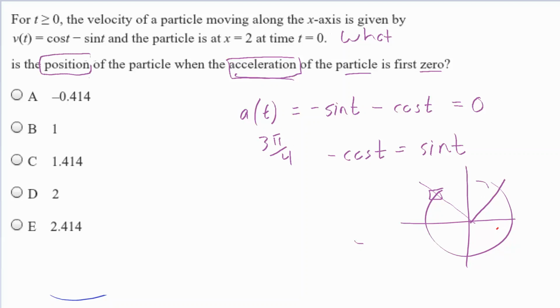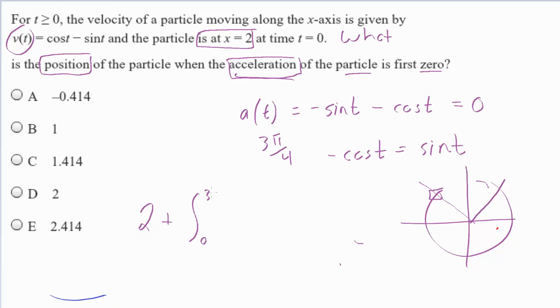What is the position there? So now we go to our position, which is the antiderivative of velocity. So I go for 2 plus. Why would I do 2 plus? Because the particle is at 2 when time is 0.